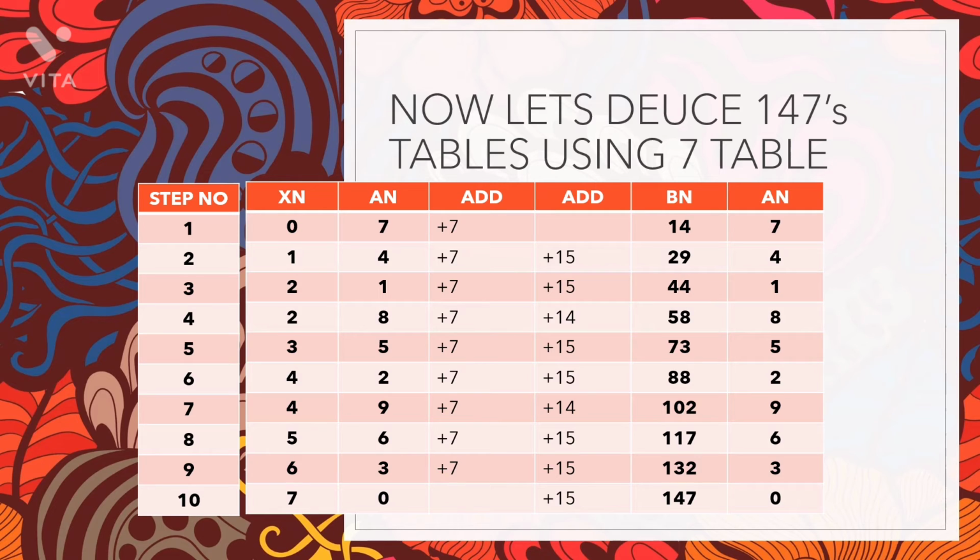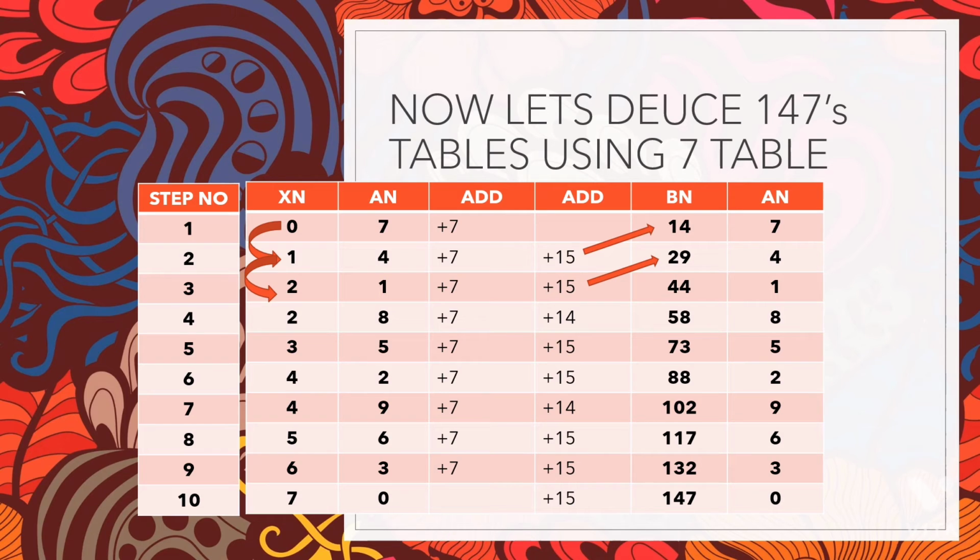Now to start, first we'll add 7 and check the values of x1 and x2. As shown, they are not similar, hence we'll add 15, base value plus 1, to 14 to get the answer 29. Now again we check. Here x2 is not equal to x3, so again we'll add 15 to 29 to get the answer 44.